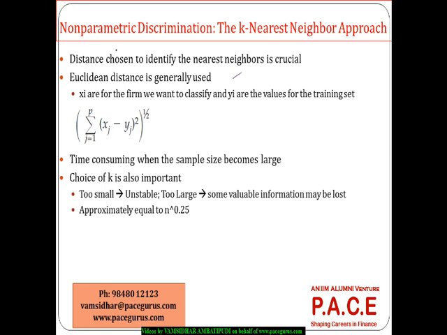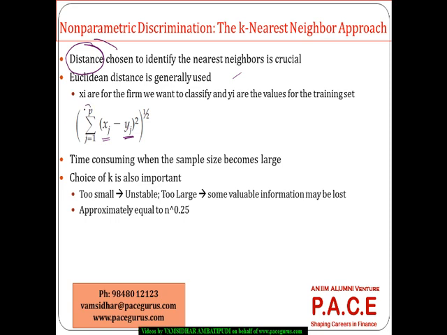That is where we talk about distances. The xi's are the numbers for the firm which we are using, and the yi's are the similar numbers for the training set.